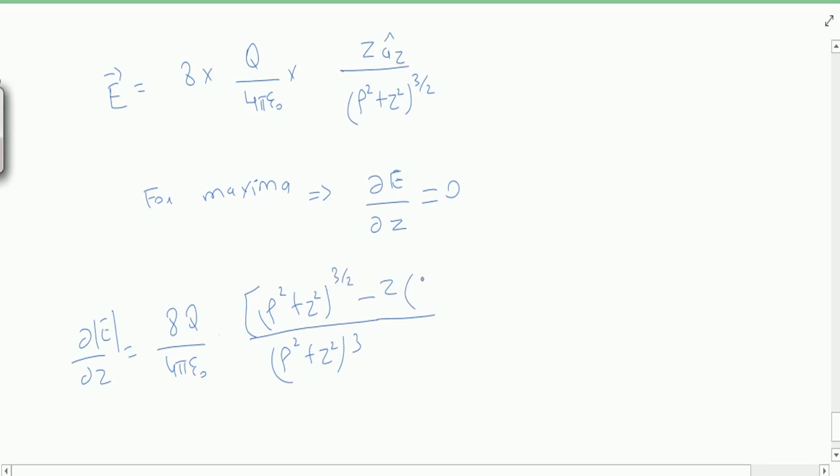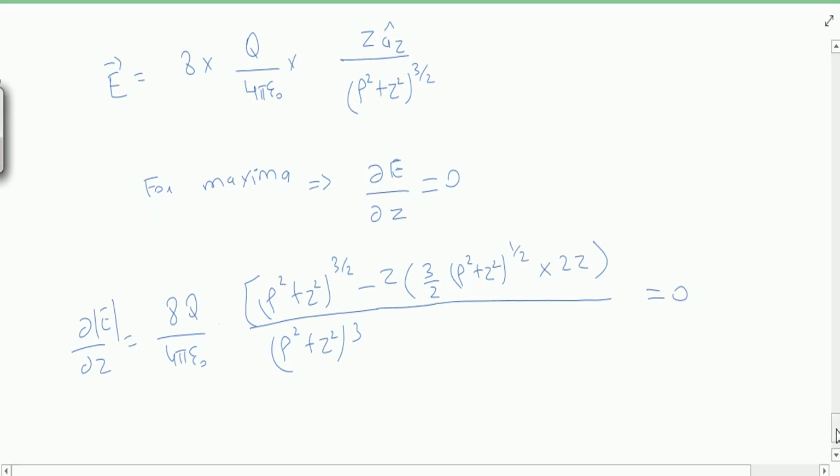The differentiation of this will be 3 by 2 rho square plus z square to the power 3 by 2 minus 1, it becomes 1 by 2, and the differentiation of rho square plus z square again is 2z, and I have to equate this whole thing to 0. So you can see this component goes to the right side and becomes 0, and this also goes to the right side and becomes 0.